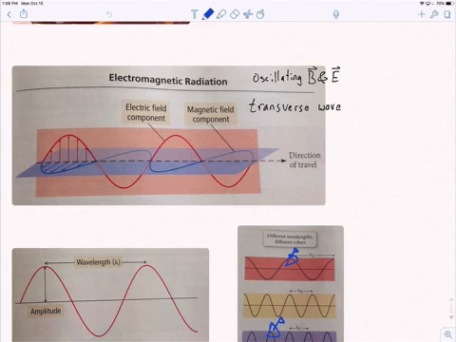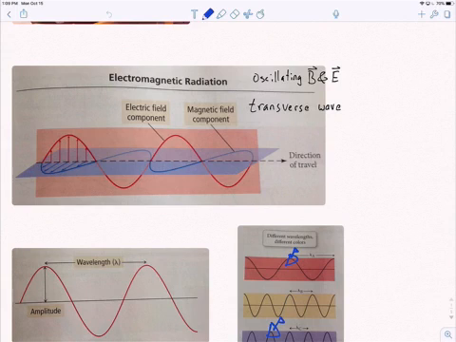So photons and electromagnetic radiation have oscillating perpendicular electric and magnetic fields. B means magnetic and E means electric. So if you have some sort of radiation, like a radio wave traveling in this direction, it's a transverse wave, and the electric field is going up and down. So this is the electric field.